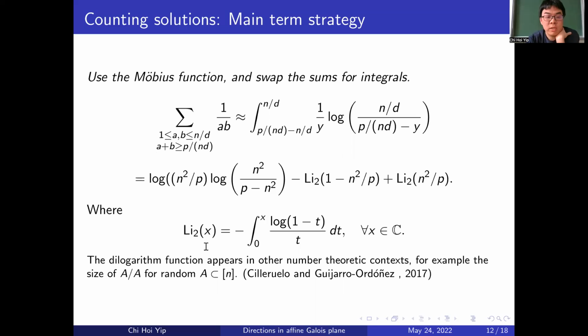I just want to mention that the dilogarithm function appears in many contexts in number theory, and it also appears in a related paper where they compute the expected value of the size of a ratio set of a random set of the first n integers. So it's not surprising that our asymptotic formula also involves the dilogarithm function as well as the logarithm function.